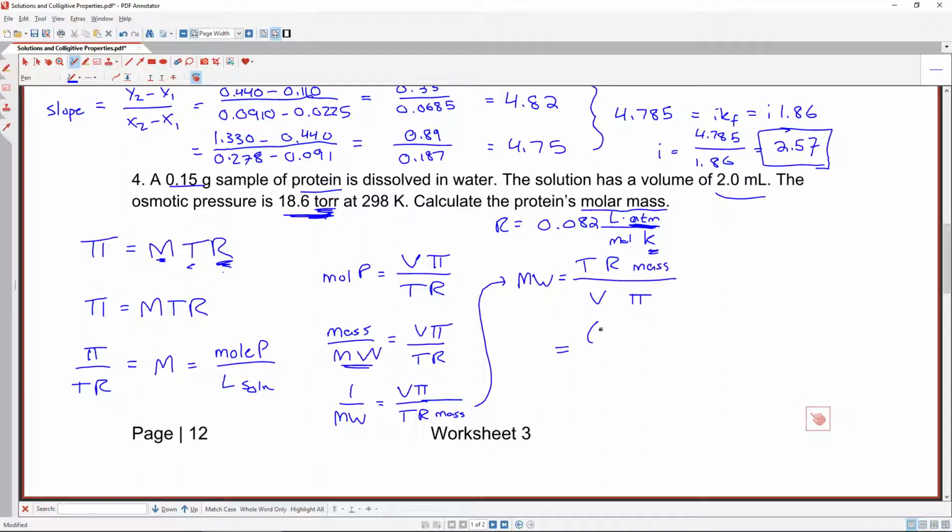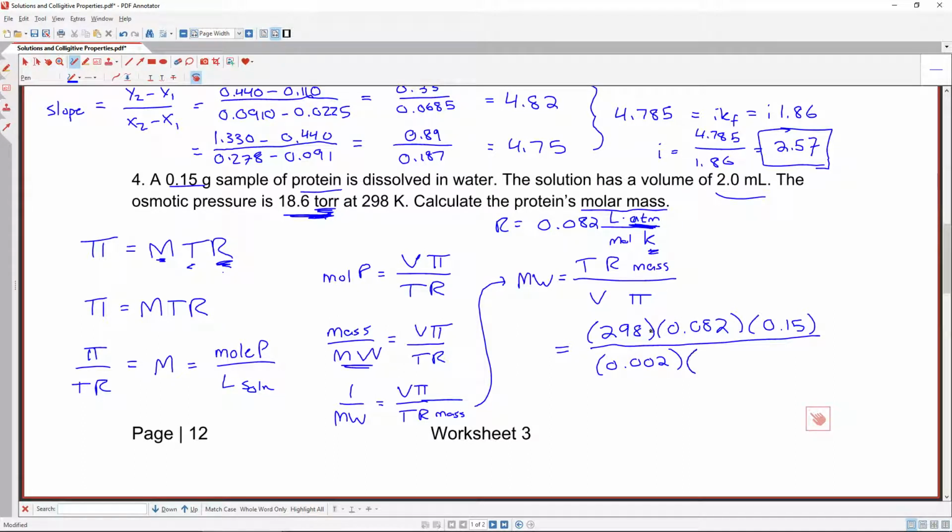Okay, so that would be 298 times 0.082 times 0.15 divided by 0.002, right? 1, 2, 3. 1, 2, 3. Gotcha.